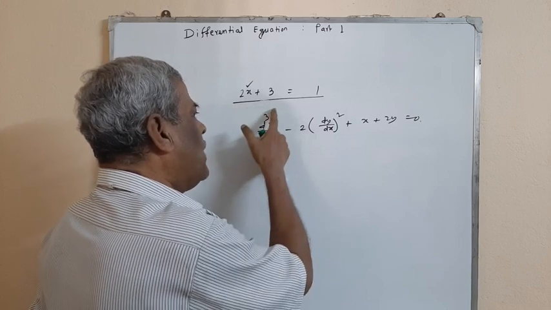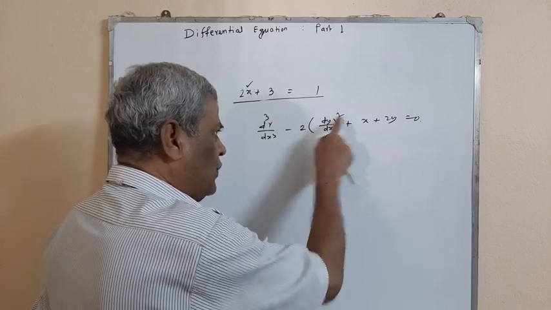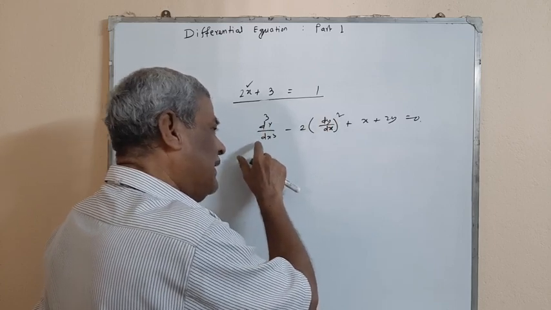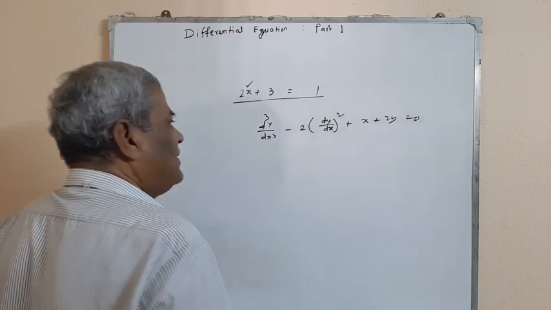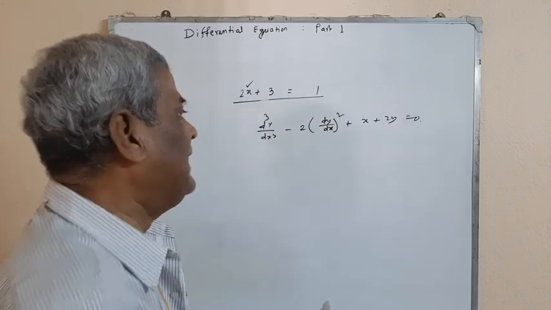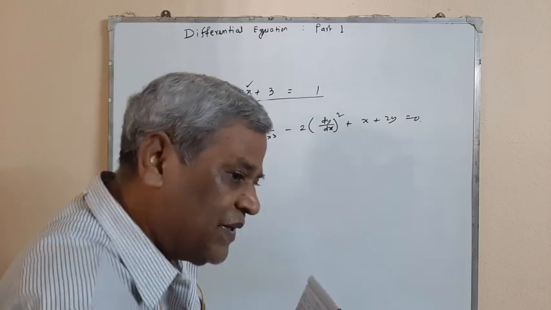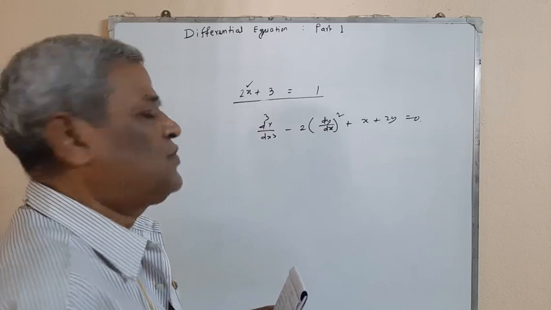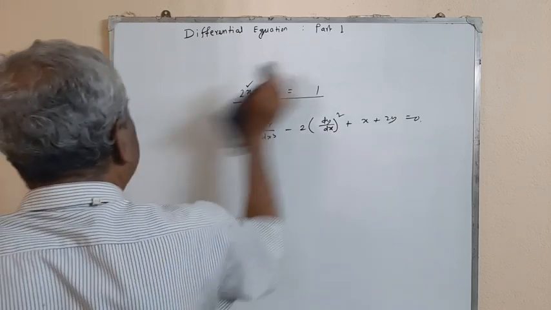Its power is 1. Though the power of dy/dx is 2, its degree is simply 1, provided all the derivatives present have integer powers.